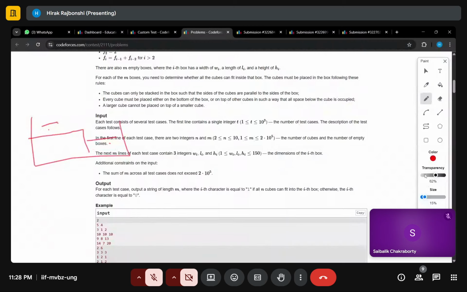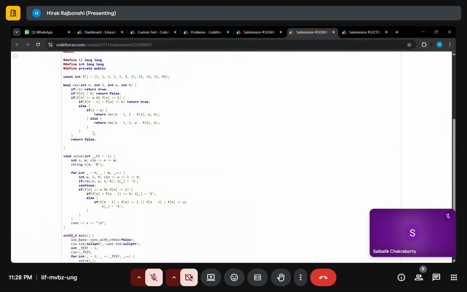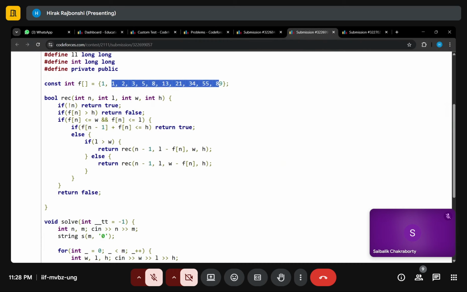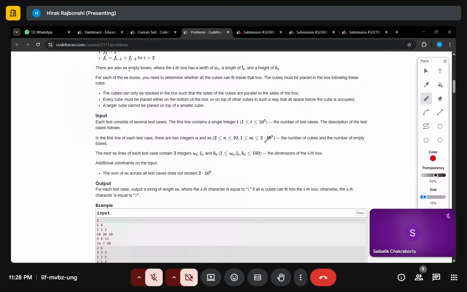So let us go through the code, and we'll do this operation for all m boxes, right? I have solved this using recursion. First I calculated the Fibonacci numbers up to 10, because this is given in the constraint.